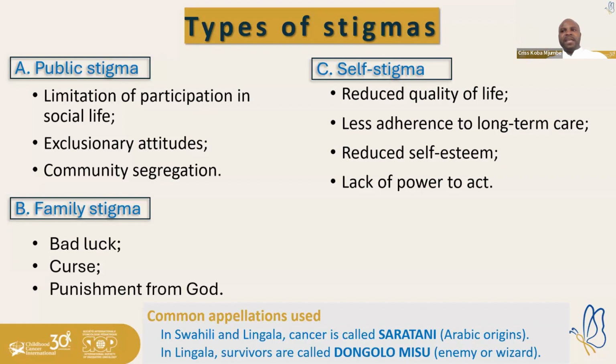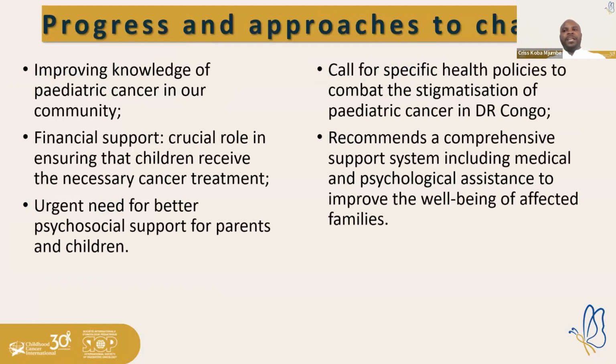But there are many efforts and approaches to change this. Many parents feel frustrated about the lack of support for their child. Initiatives include support strategies for good communication and creation of friendship groups in the community. Financial help plays a crucial role in ensuring that children receive the necessary cancer treatment.